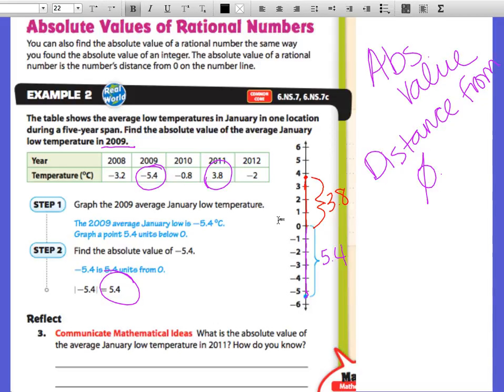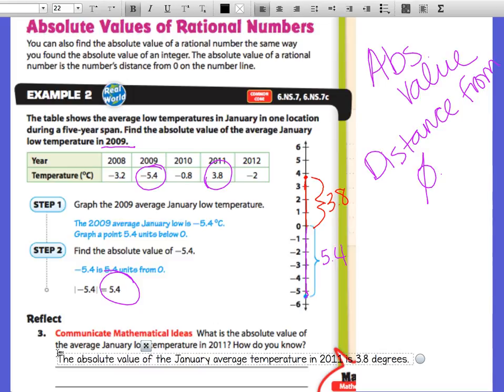So the absolute value of the January average temperature in 2011 is 3 8/10 degrees.